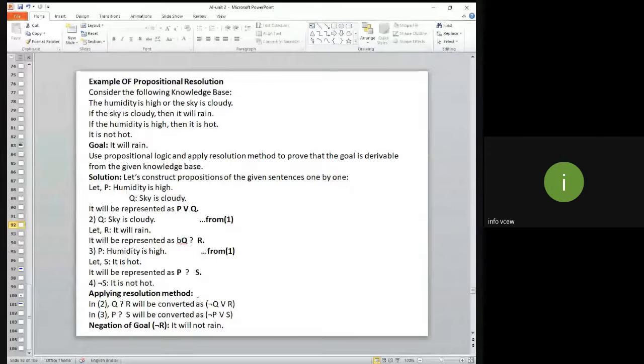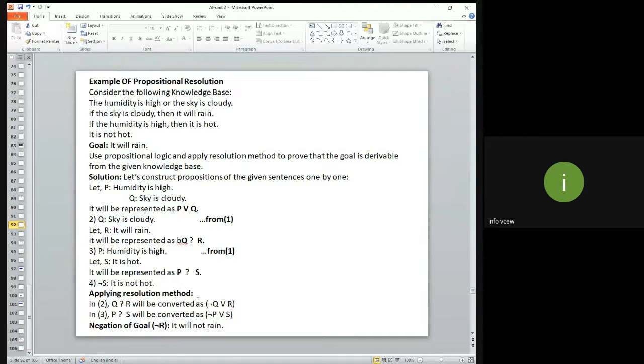Now you want to take P. P is the statement: the humidity is high. Next statement is Q. It will be represented as P union Q: the humidity is high or the sky is cloudy.